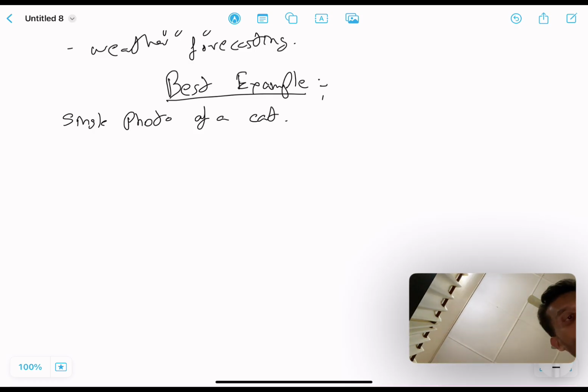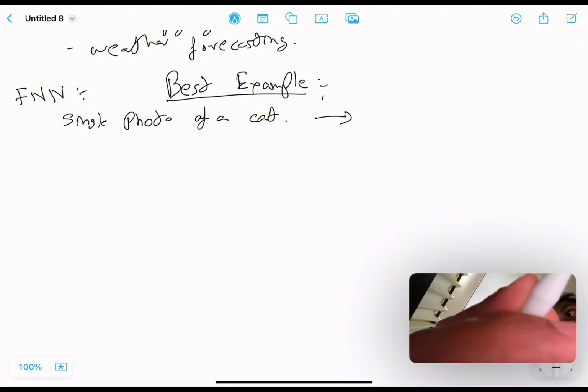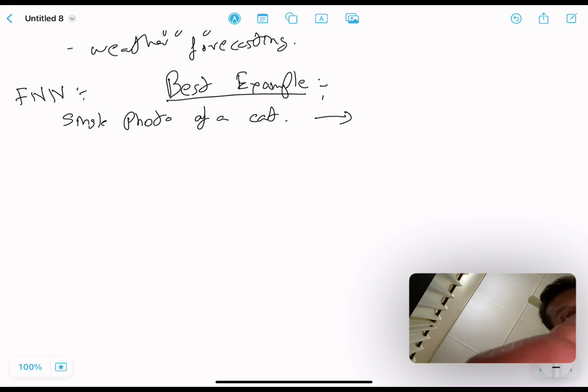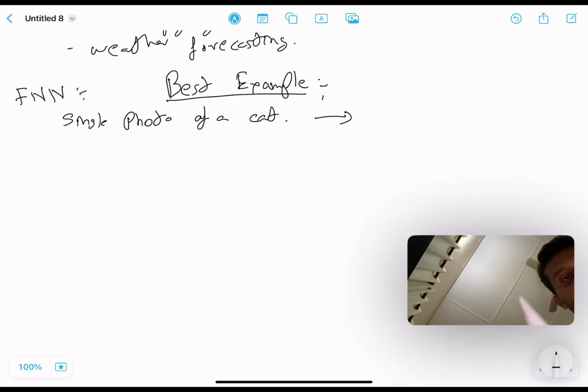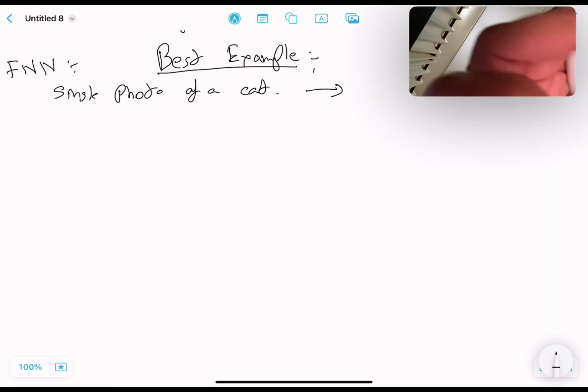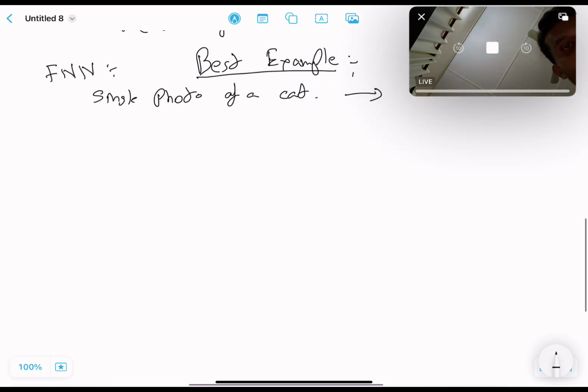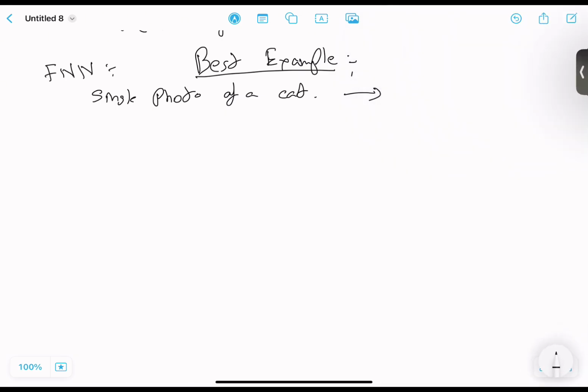So if we give a single photo of a cat to an FNN, then it can predict whether this is a cat or not, because one image has all the information inside it.